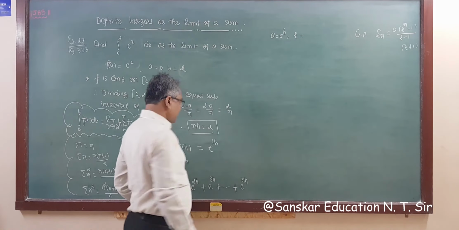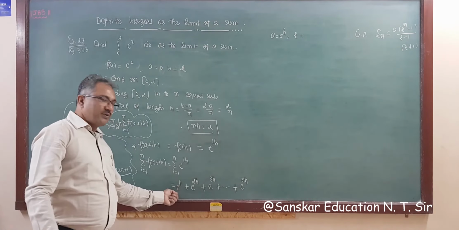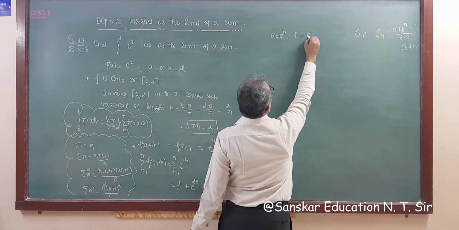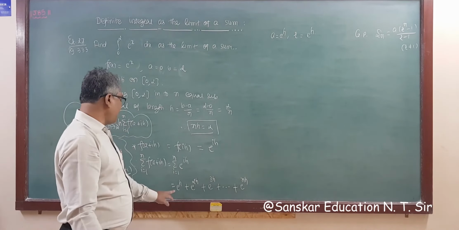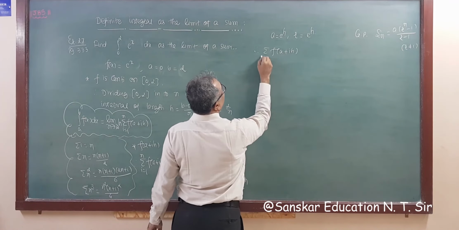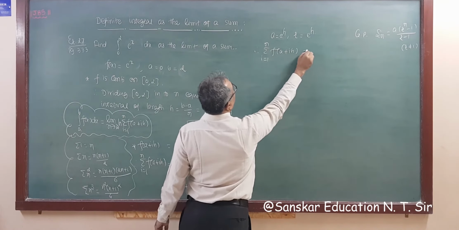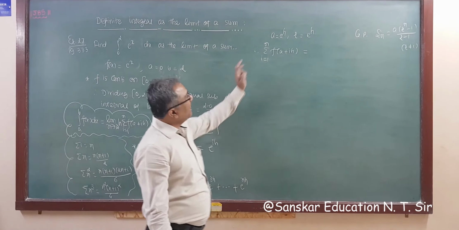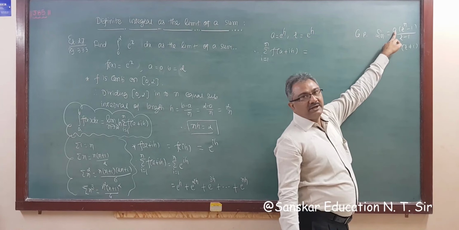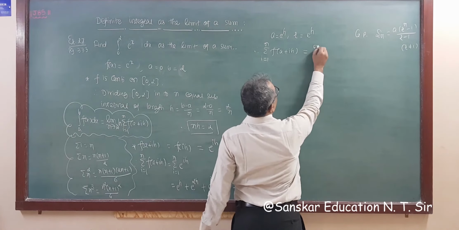The ratio r is e raised to 2h upon e raised to h, that is e raised to h. So r is e raised to h. So what do we get? The sum, therefore sigma f of a plus ih, i running from 1 to n, is equal to, a is e raised to h, so this is e raised to h.